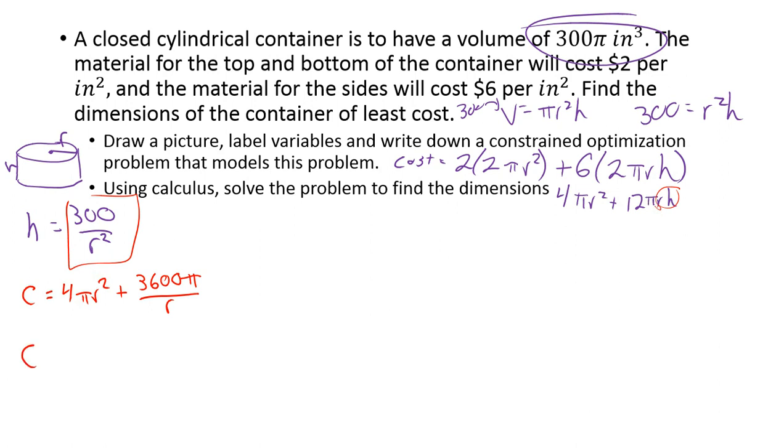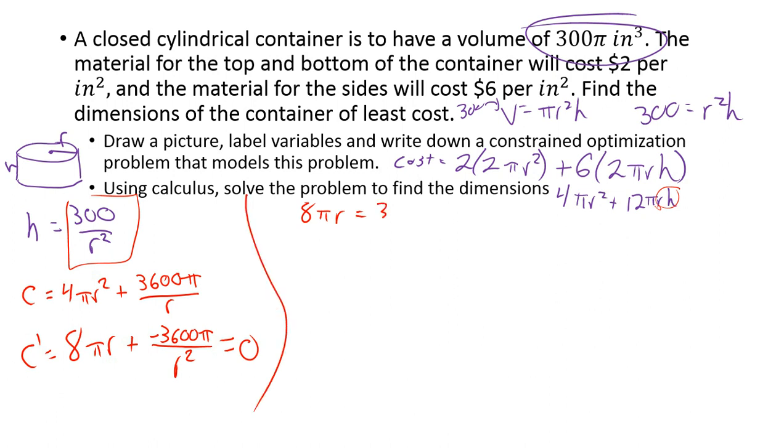Now we take the derivative of this, so c prime would equal 8 pi r, plus the derivative of this side would be a negative 3600 pi all over r squared. And now we set this equal to 0. When we set it equal to 0, we're going to try to solve it, which would get us 8 pi r is equal to 3600 pi over r squared.